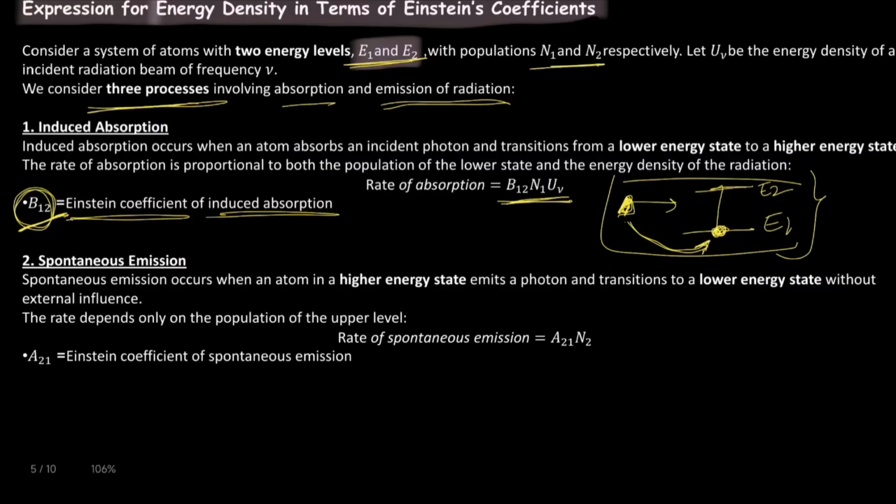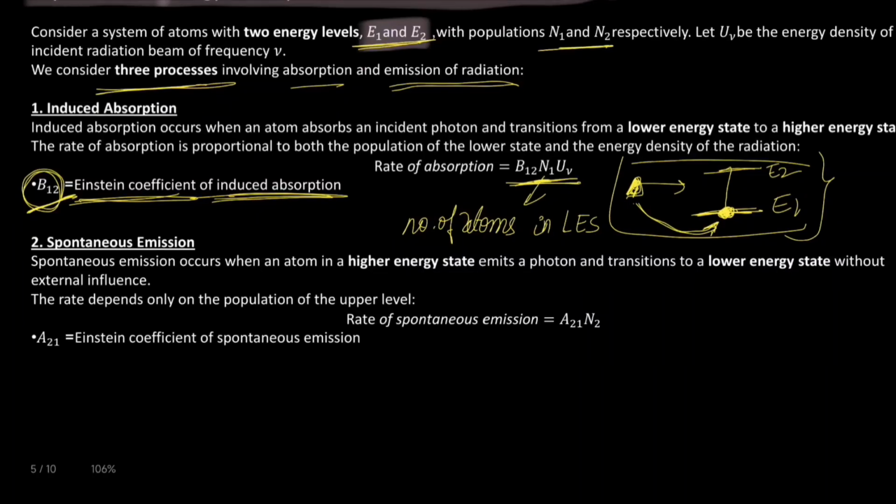We can tell this as absorption probability also. Then N1: what is N1? N1 is the number of atoms in the lower energy state. In this lower energy state, how many atoms are there? That is N1. This is induced absorption.